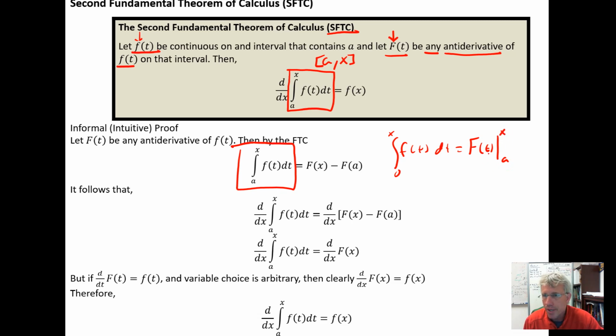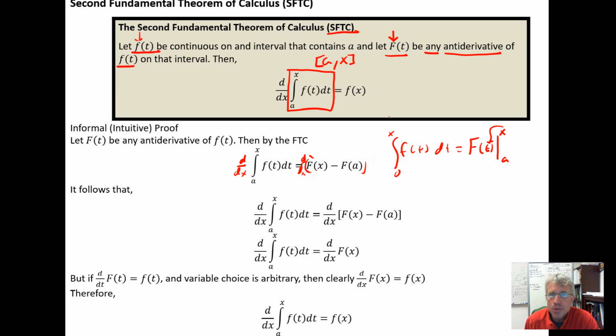The fundamental theorem of calculus says to just put in the upper bound of integration and subtract from that the antiderivative evaluated at the lower bound. So it's clear that this is a function of x. Big F of a is just a real number, so we have a function of x minus a number. If we're taking the derivative, you would be taking the derivative with respect to x of big F of x minus big F of a.